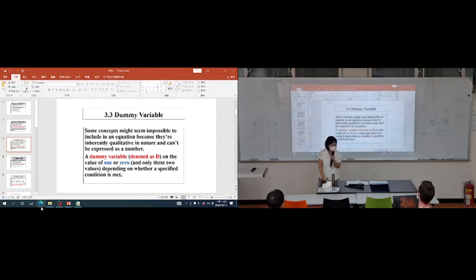So in other words, D1 is equal to 1 if PhD. D2 equals 1 if master's degree. Then D1 and D2 equal to 0 becomes bachelor's.